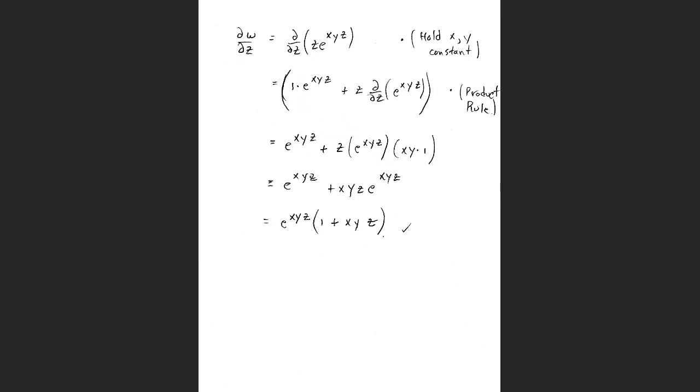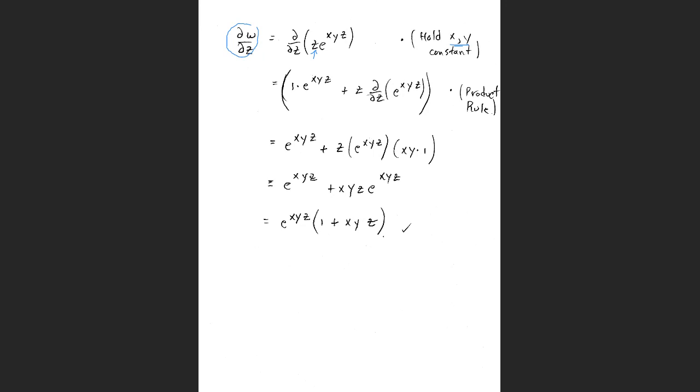Here's the partial derivative of w with respect to z. Now we're holding x and y constant. So we're finding the rate of change of this function with respect to z for some fixed values of x and y. Now we can't pull the z out in front of the derivative because it's not treated like a constant anymore. It's varying.